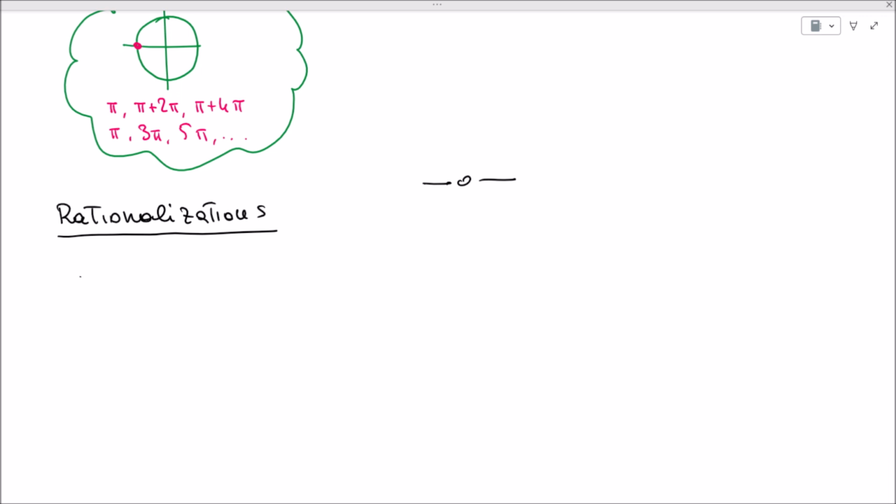For example, let's consider the limit as x goes to plus infinity of x times the square root of x squared plus 5 minus the square root of x squared plus 7.